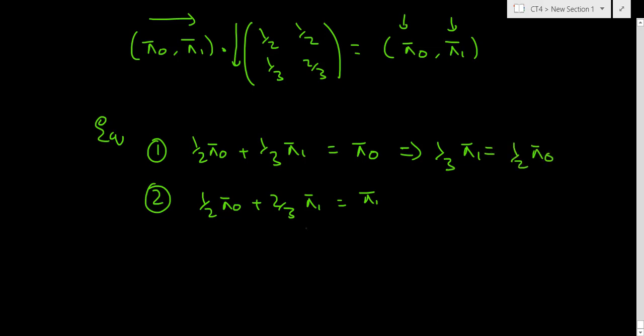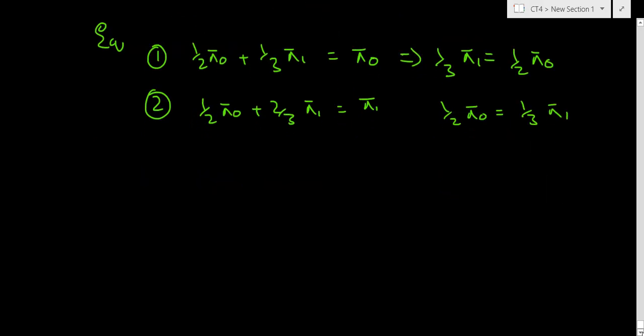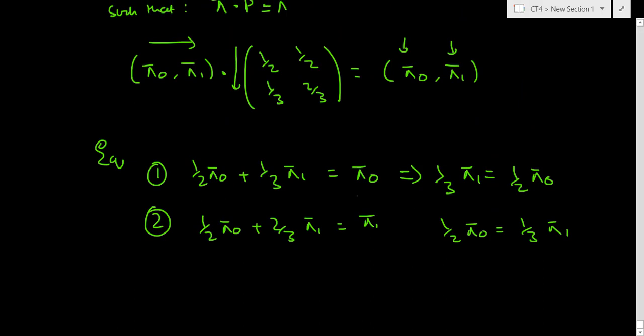The second equation, if I send pi 1 to the other side, becomes 1/2 pi 0 equals 1/3 pi 1. Both equations give the same result, and if I solve them, they cancel out and give me nothing. So I cannot solve with just these two equations.